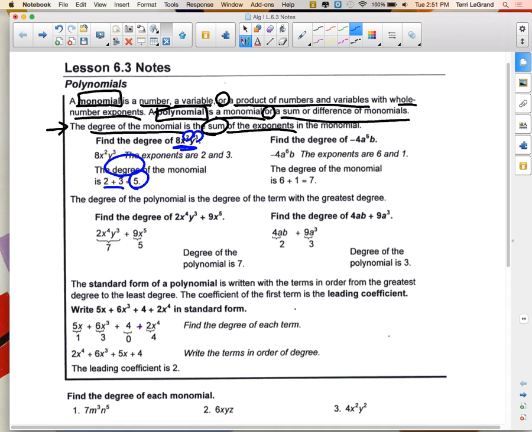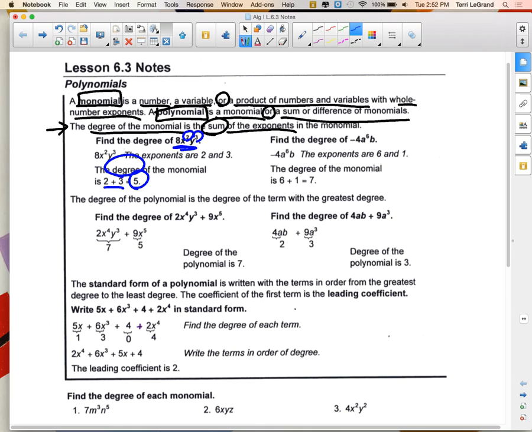Could anybody tell me, if I said to you, what's another way we could write 8, the 8 part of that monomial? What's another way we could write 8 that would have a variable part that's been cleaned up maybe? Maybe it's just not there because it got cleaned up.